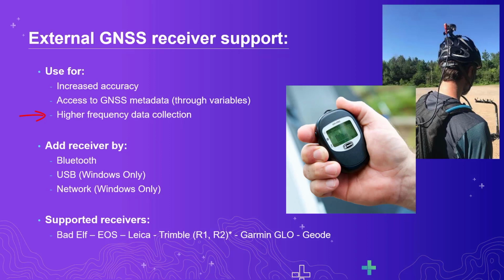That gives you much more granular data, and you will create, particularly if you create lines or polygons, much better geometries. Typically, you can connect to these external GNSS receivers via Bluetooth, but we also support in Windows connecting via USB or network connections as well.